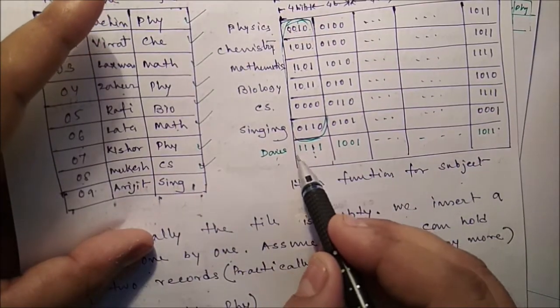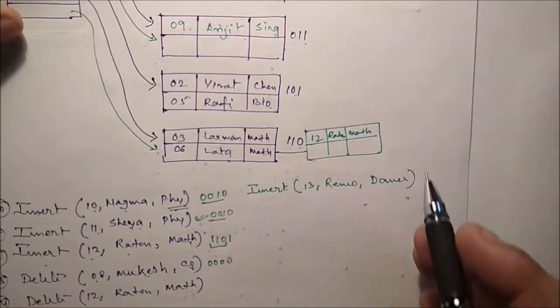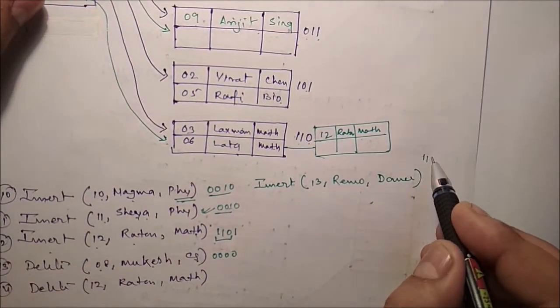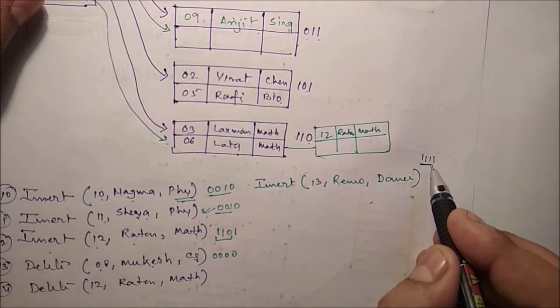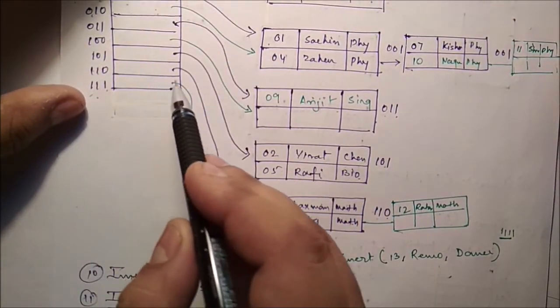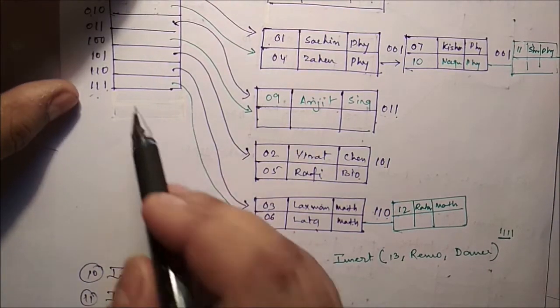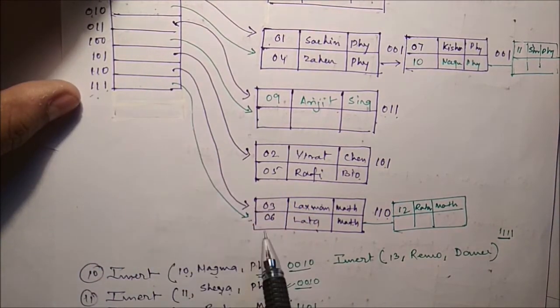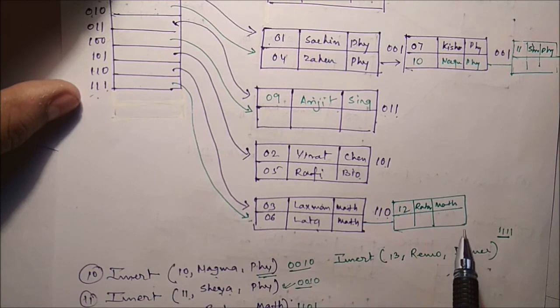Now for dance, the code is 1111. So we have to see the first 3 digits. We have to see here, but it is pointing to this one. So that means for this we need one new bucket.